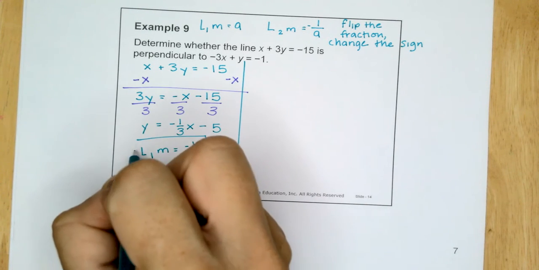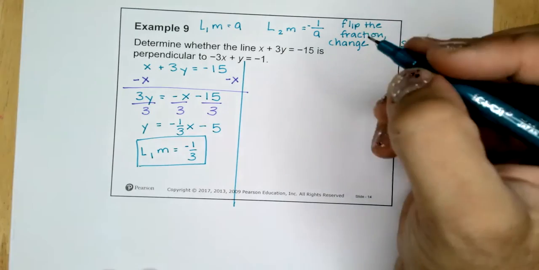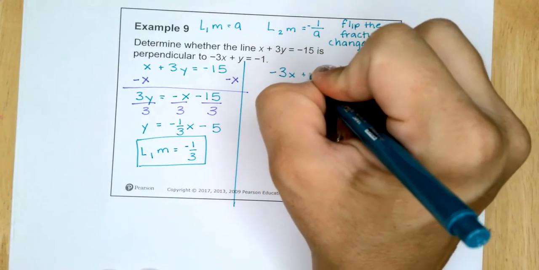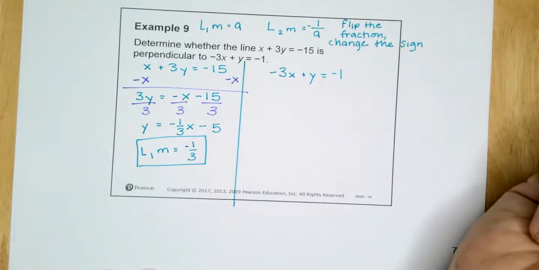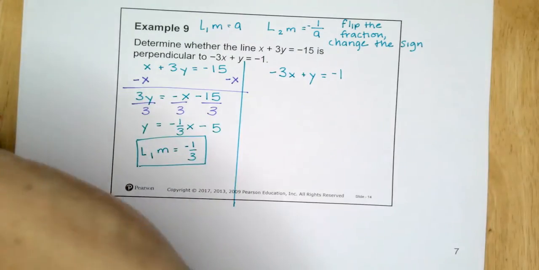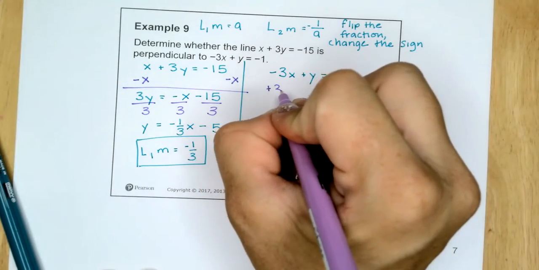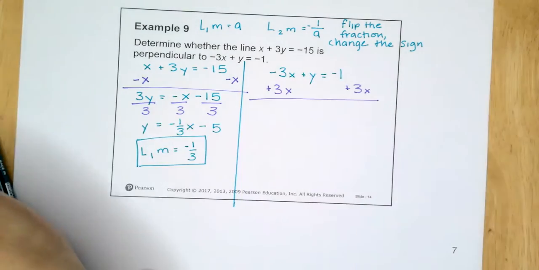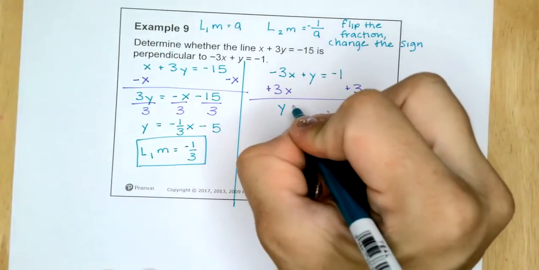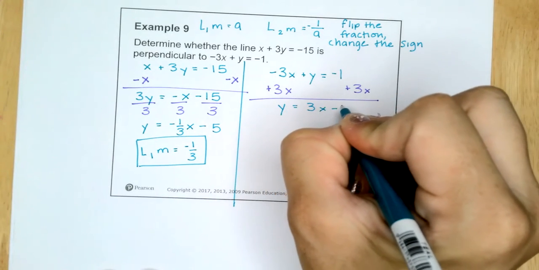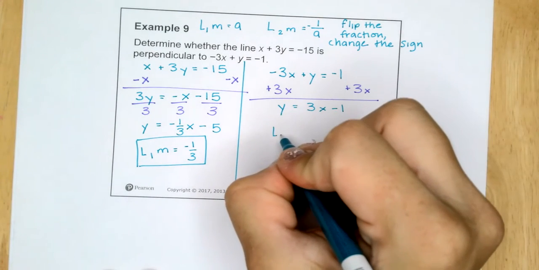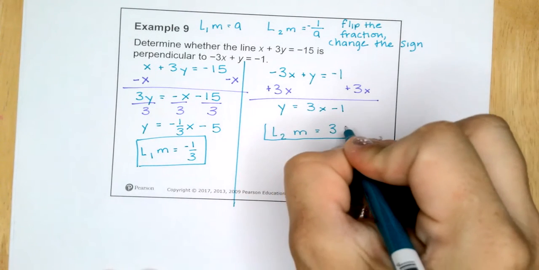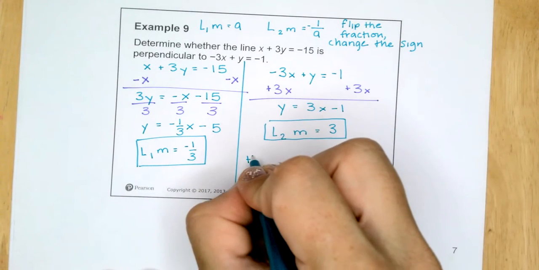Okay. Now let's look at line 2. Negative 3x plus y equals negative 1. I'm going to move the x. Now I just have y equals 3x minus 1. So the line 2 slope is positive 3. They are perpendicular.